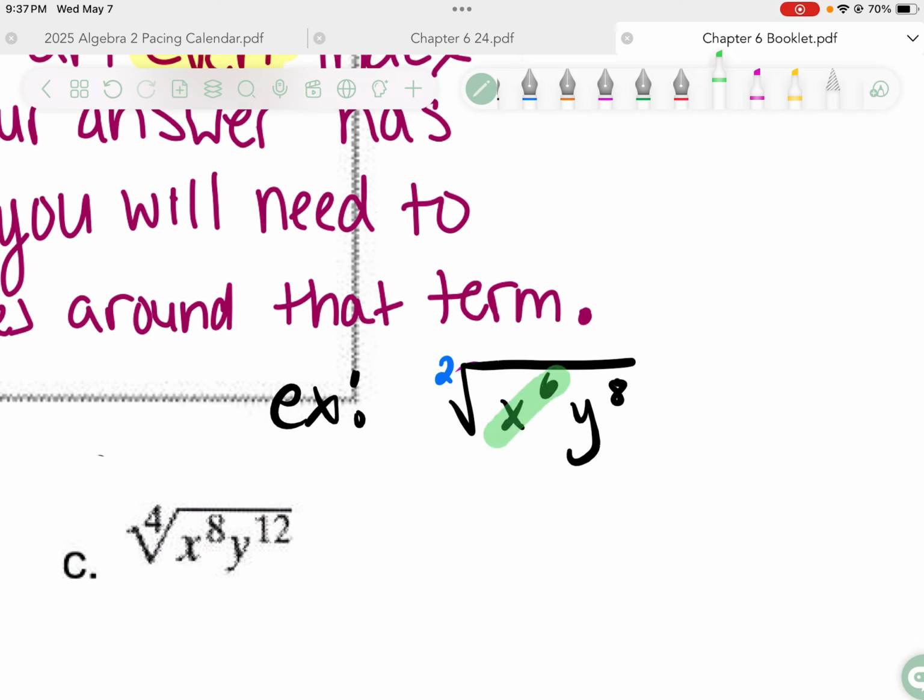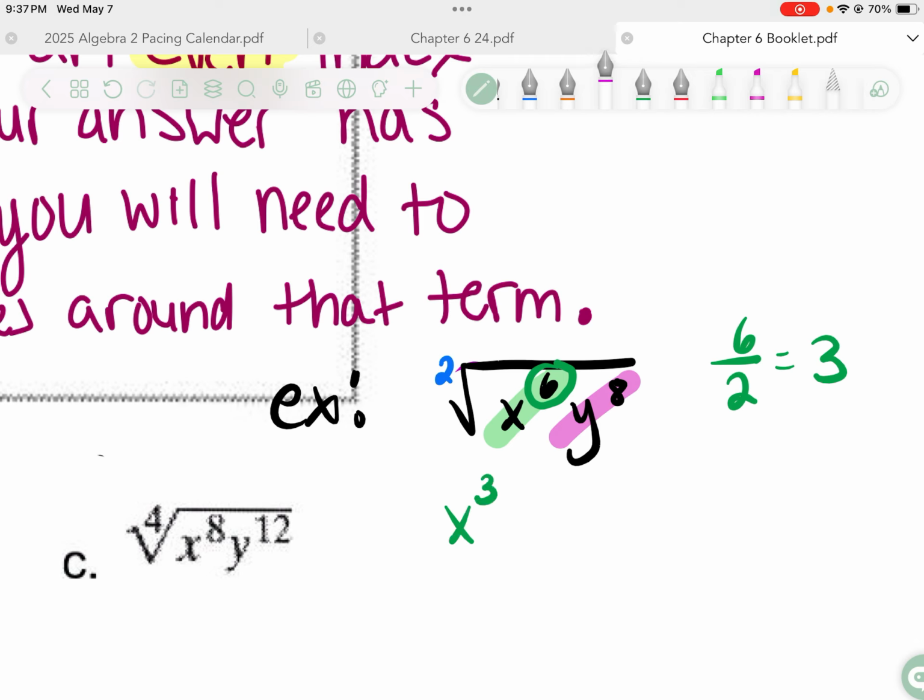You're going to simplify x to the 6th, and then you're going to simplify y to the 8th. The way you do this is you look at the exponent here, and you divide it by the index. 6 divided by 2 is 3. So we write this as x cubed.